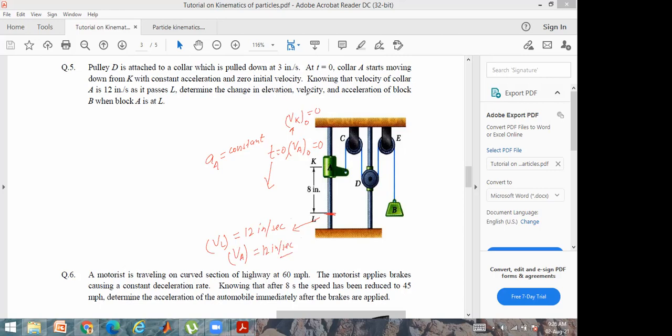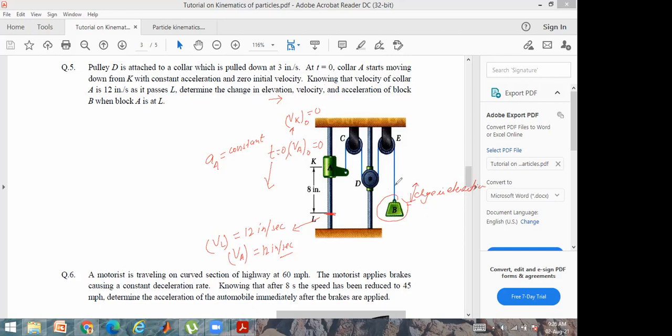Determine the change in elevation, velocity, and acceleration of the block B when the block is at A. So you need to determine the change in elevation, velocity, and acceleration of the block B. Change in elevation: it will either go up or come down.